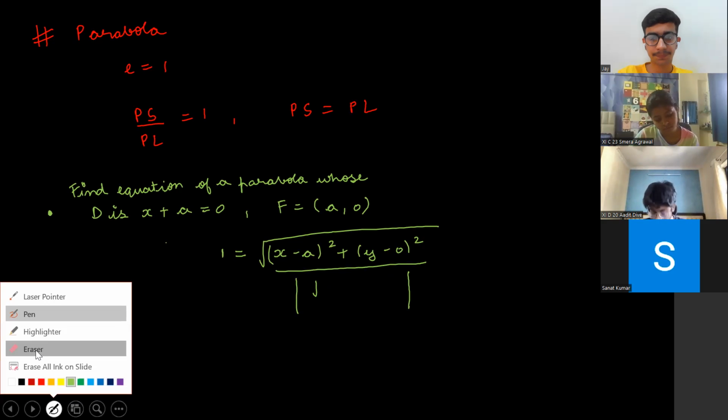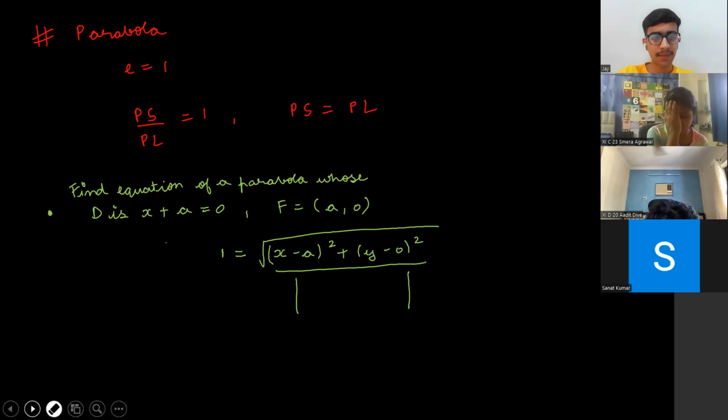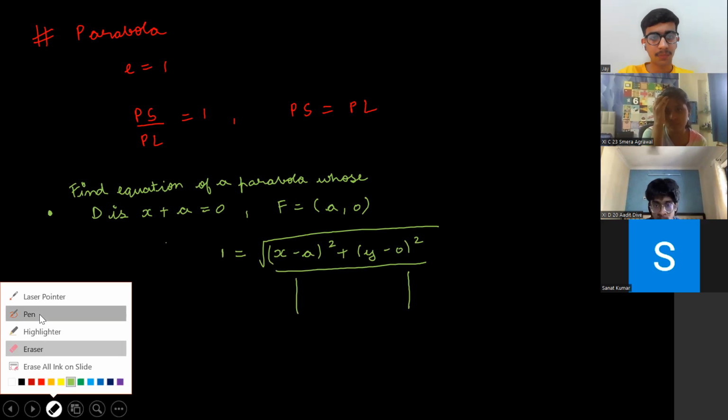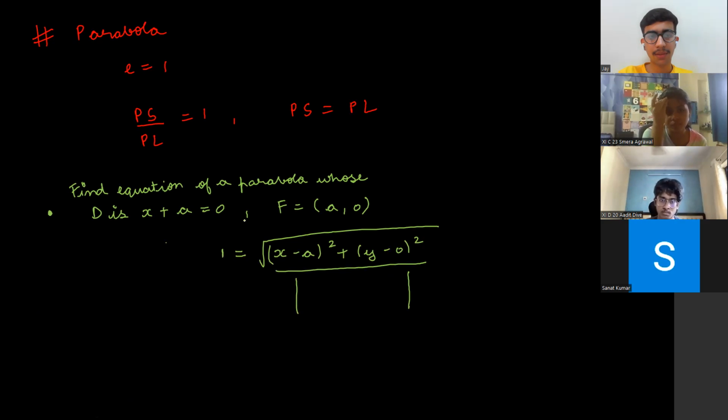While calculating the distance from the fixed line, the y coefficient is 0 in this particular equation. So that means x plus a divided by square root of the x coefficient 1 whole square plus the y coefficient 0 whole square. Okay, understood.